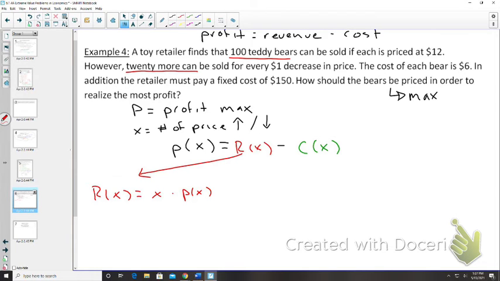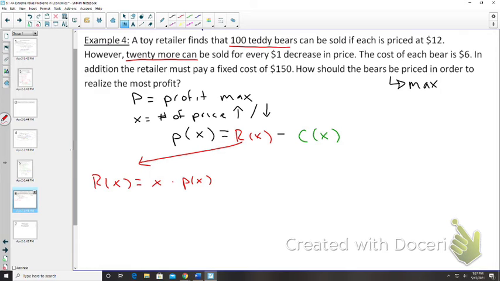So the number of units sold is going to be 100 plus 20x, depending on how many price adjustments we make. And the price is going to be, so it's priced at $12, and for every $1 decrease in price, they can sell more. So the price is going to be 12 minus x, depending on how many price adjustments we make.